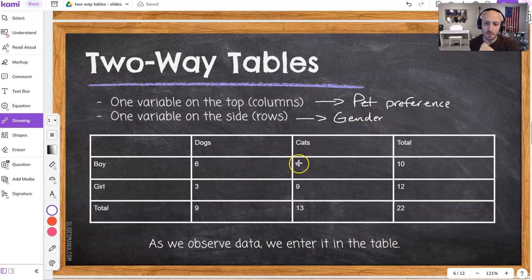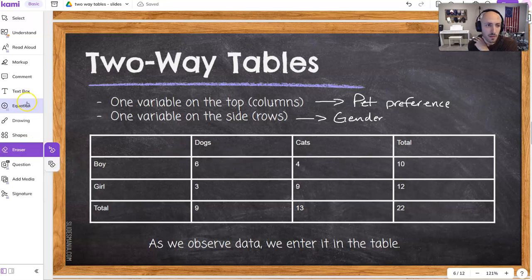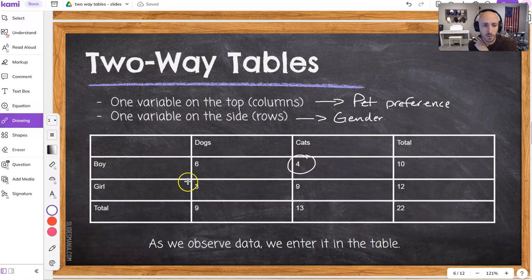Now I just made up these numbers, but typically as we do a sample, as we observe the data, we can enter it into the table. So for example, there were 6 boys who were surveyed that preferred dogs to cats. There were 4 boys that were surveyed that preferred cats to dogs. And that means there were 10 total boys surveyed, right? 6 plus 4.